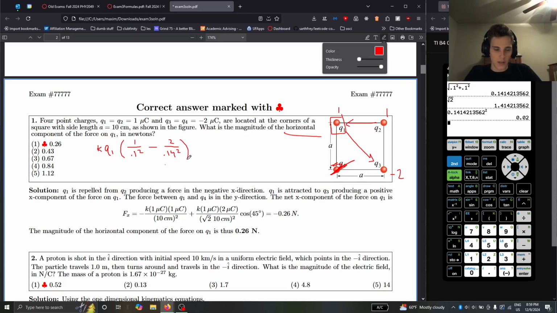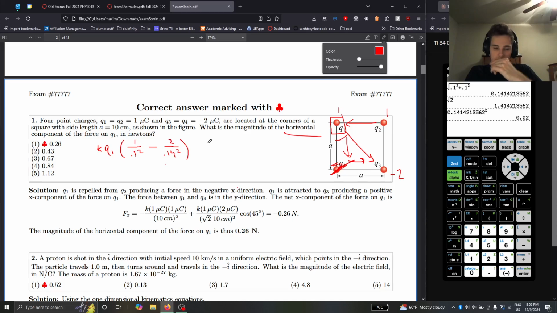The important thing is that with this one, you're not actually getting the full force in the horizontal direction as we want. It's going to be split between this y direction, coming down here, and then coming over here. To account for this, this is an angle of 45 degrees.